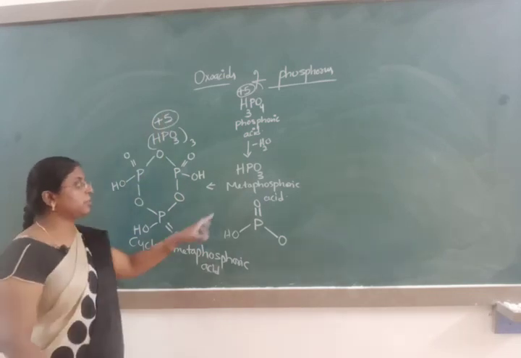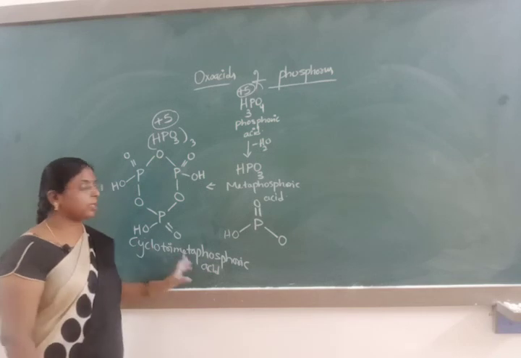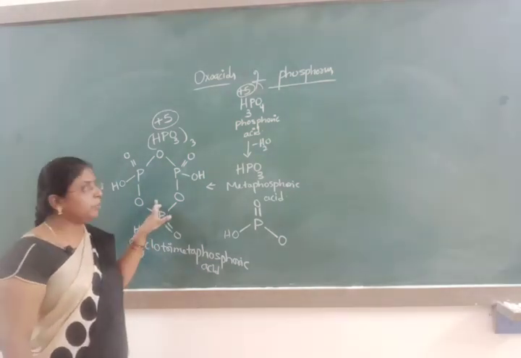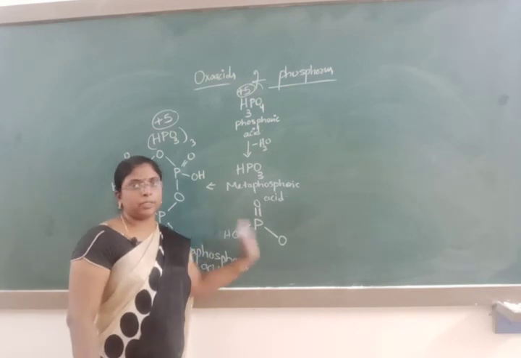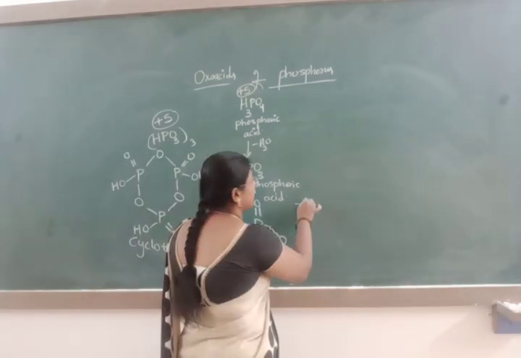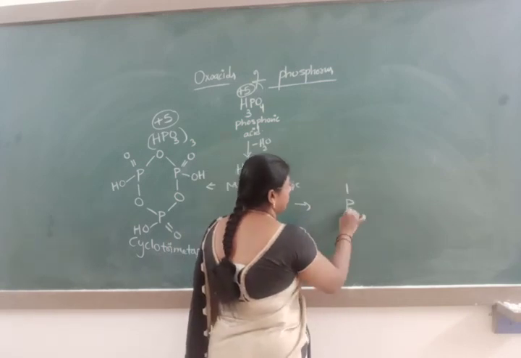If 3 molecules of metaphosphoric acid are in a cycle, it is known as cyclotrimetaphosphoric acid. If the same metaphosphoric acid is arranged in a straight chain, it is known as polymetaphosphoric acid.